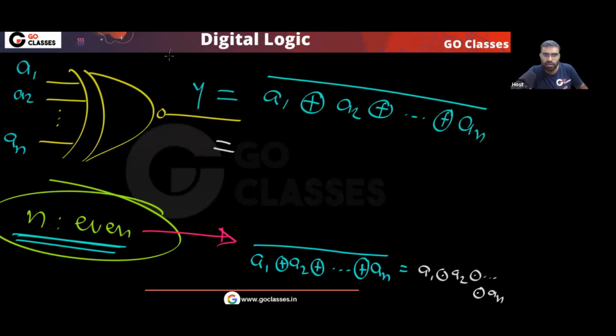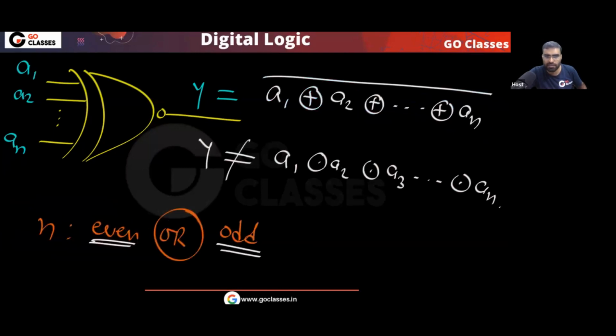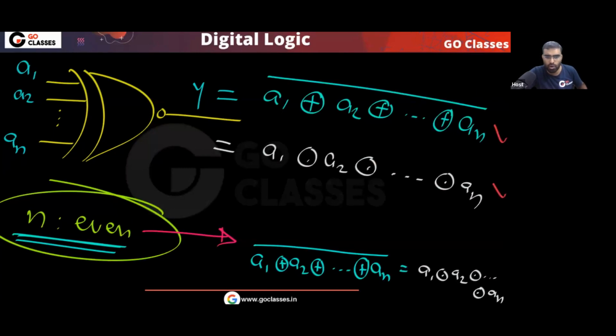So if n is even, you can write it like this as well. Agree? Now both are correct. Is this clear? Please tell me. Is this point clear if n is even? Okay, what about if n is odd?